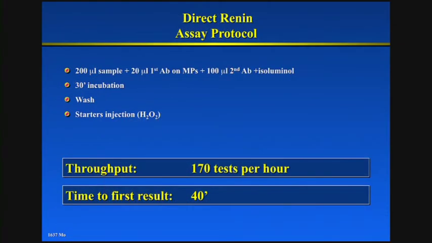Also, these systems are much faster, and they can provide you with the response within 1 hour for many samples. So these new systems are quite convenient, at least from a clinical point of view.